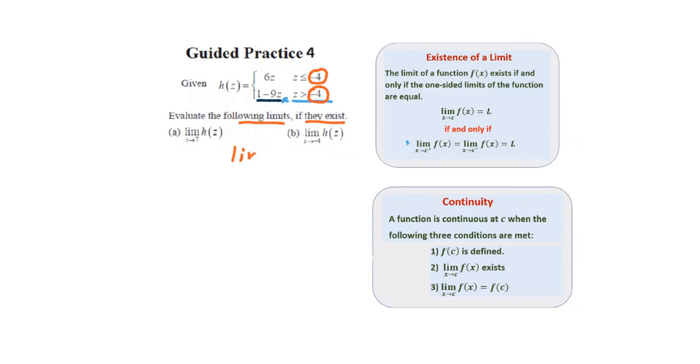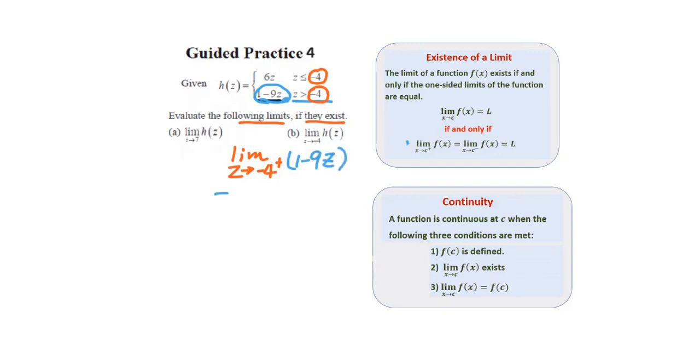Therefore, you have to do z approaches negative 4 from the right. You have to use this function, that is 1 minus 9z.